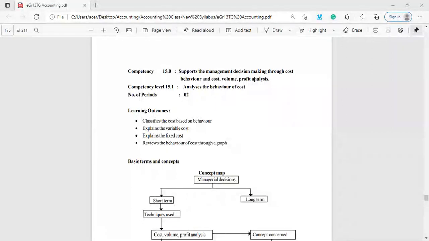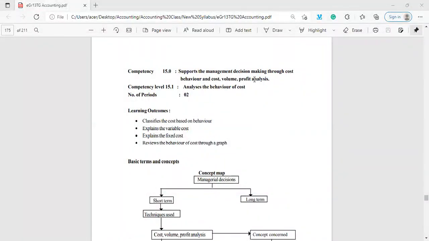When we are classifying the cost, I think you have learned cost classification, right? We do cost classification differently using the elements, such as direct cost and indirect cost. Indirect cost we say overheads. Then there is another classification of cost which is based on the behavior of the cost.